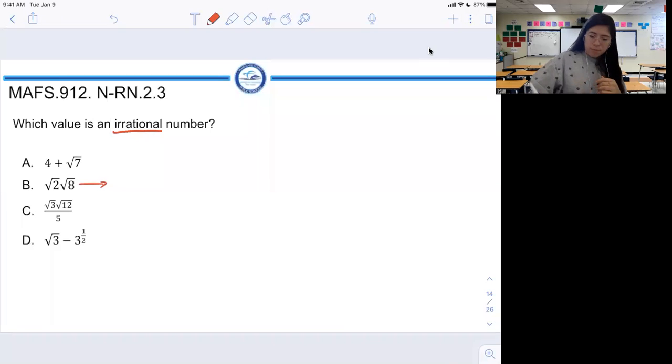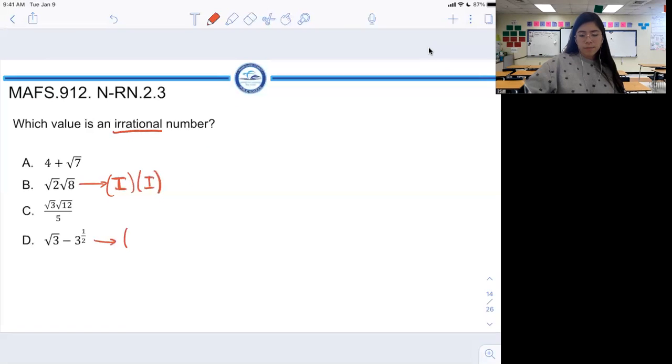Irrational. And the square root of 8 is also irrational. So these are two irrationals, which sometimes is irrational, sometimes rational, so we don't know. C is the same case, but it's being divided by 5, so that may change the whole thing. Okay, what about D?